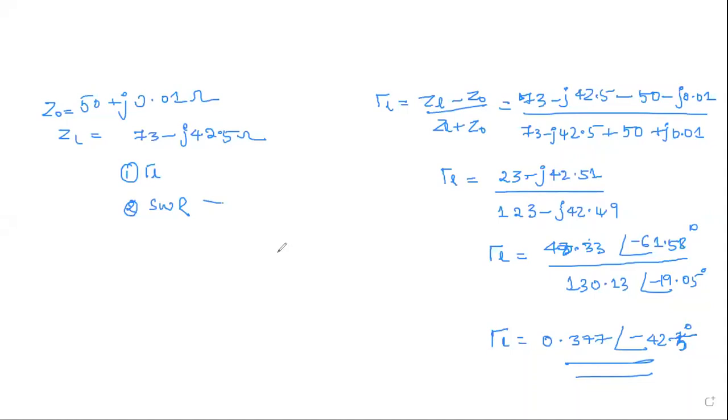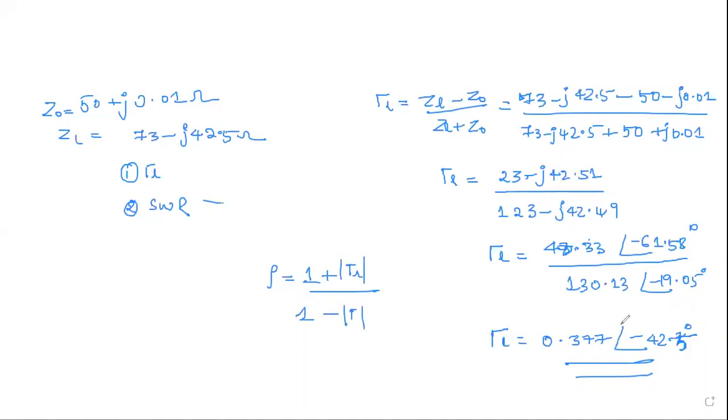Now, how to find out the standing wave ratio? What is the formula in terms of reflection coefficient, that is rho? Standing wave ratio is 1 plus magnitude of reflection coefficient divided by 1 minus magnitude of reflection coefficient.